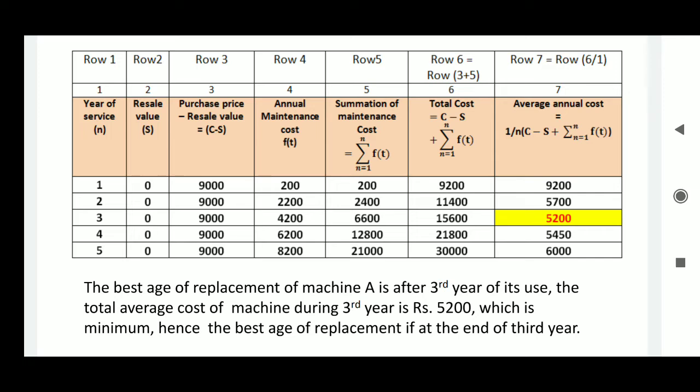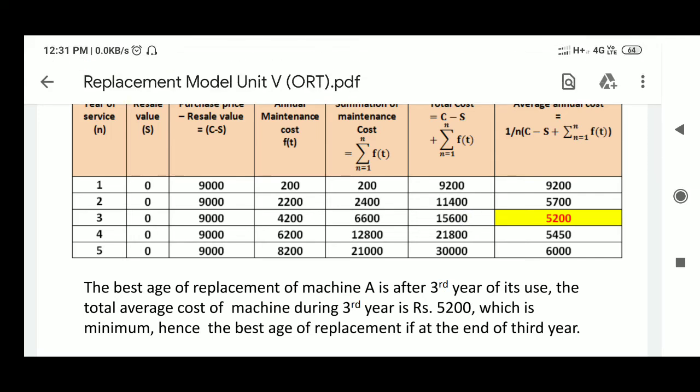Similarly observe the row for the third year and column 6, where the cost is rupees 15600. What does it indicate? That up to the third year we have spent 15600 rupees for 3 consecutive years. That means totally we have spent 15600.